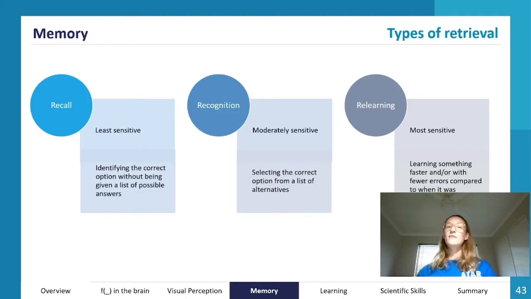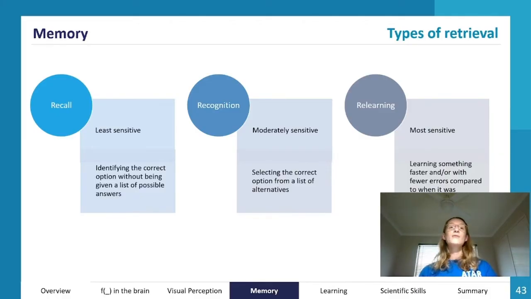You haven't been given a list of possible answers, but you're trying to recall, produce, write down, retrieve the answer to the question that you're being asked. Now, there's actually three main types of recall, which is free recall, which is just remembering as much information as you can in any order, whereas serial recall is remembering information in the order it was learned, and cued recall is when you're actually given prompts.